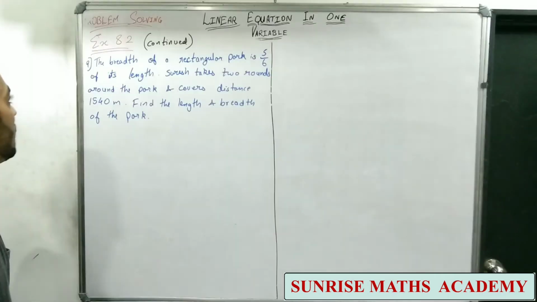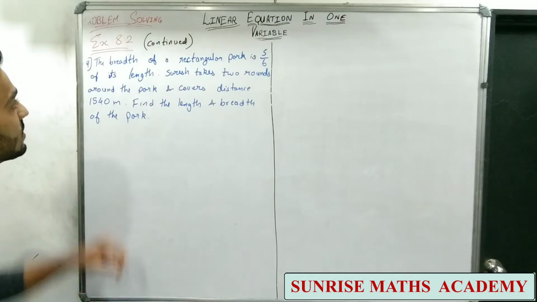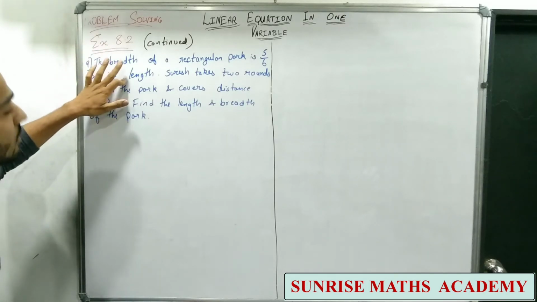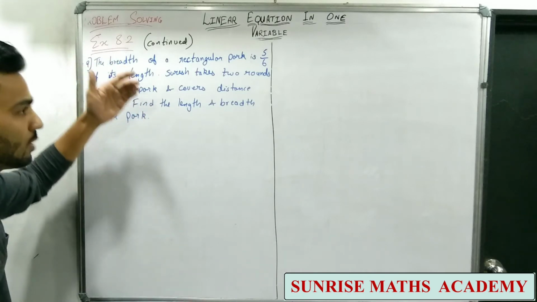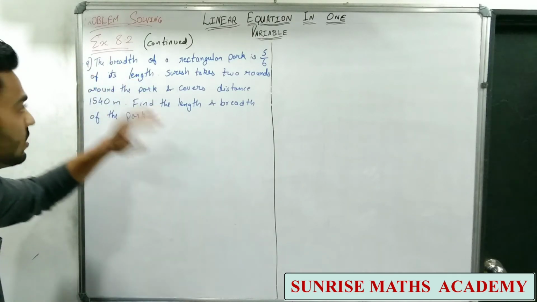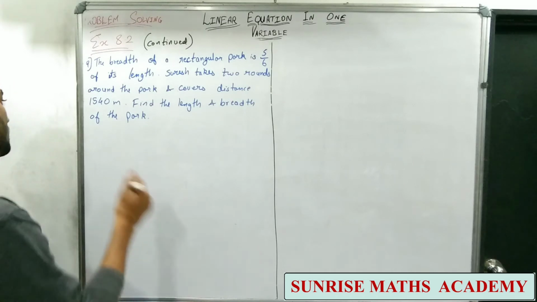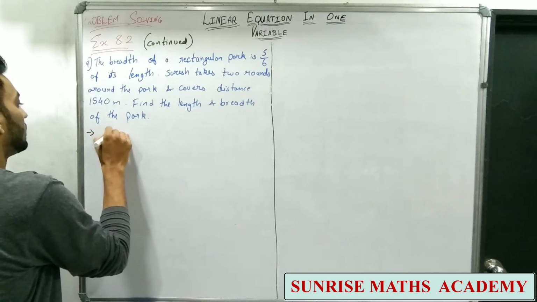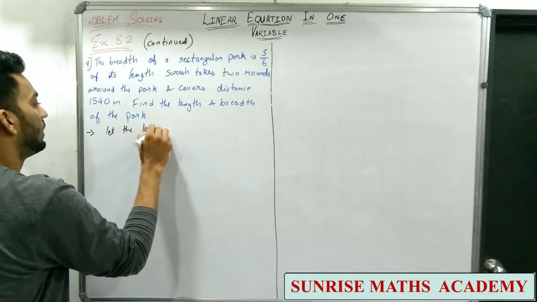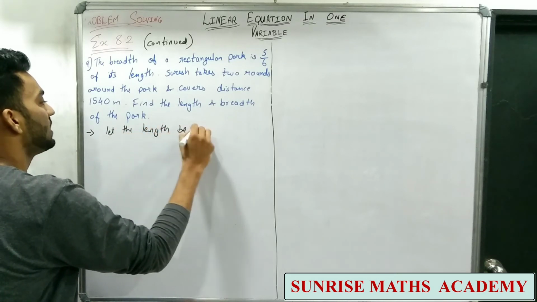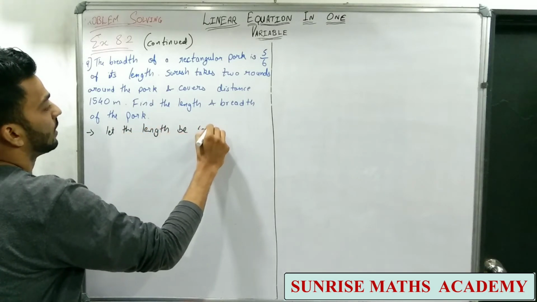The next one: the breadth of a rectangular park is 5/6 of its length. In this case, see, breadth is compared to the length. In one example, length was compared to the breadth, so we took breadth as x. Here we have to take length as x. So first let's take that. Let the length be x.